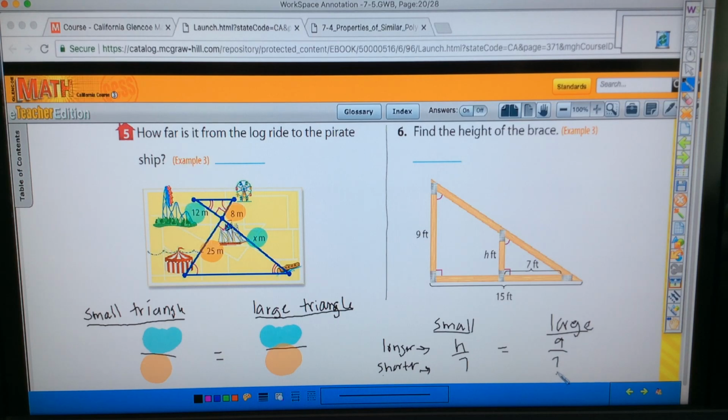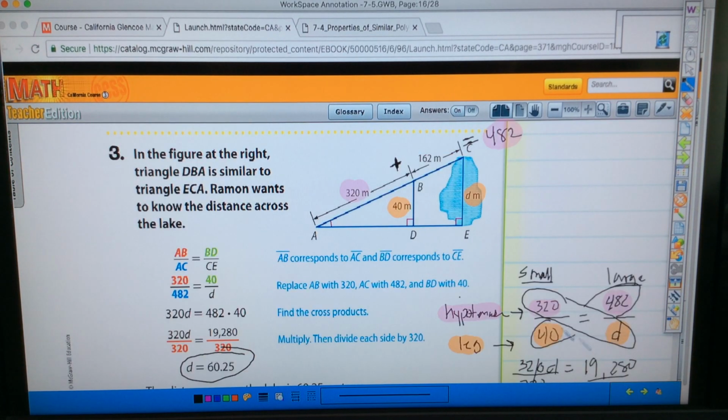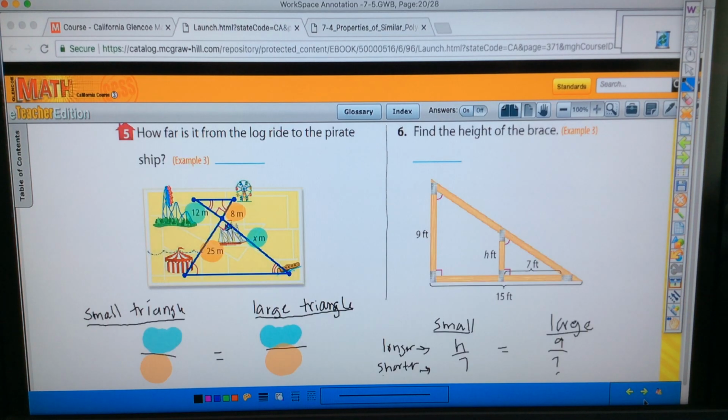Here's what's curious: in the last example, you had to add up 2 distances. Let me go back to that. This is example 3, you had to add up the 320 meters to the 162 to get the grand total. If you look at this figure here, it's not the same. They're telling you from here to here is 7.